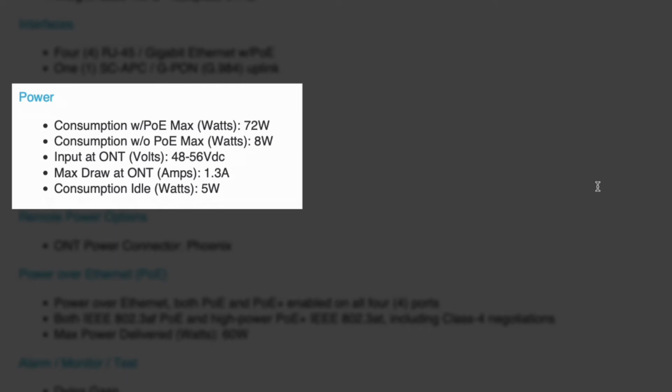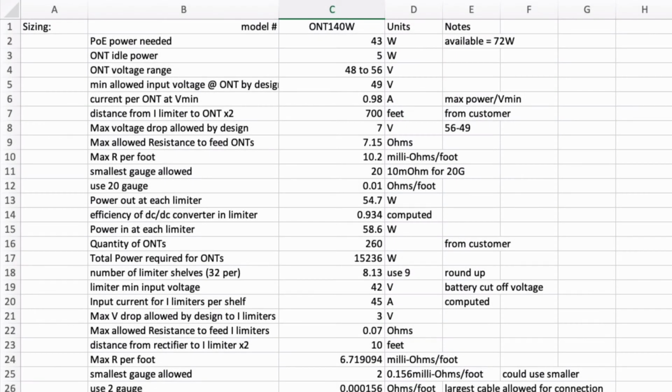The important specs for us are listed here. Note the maximum PoE output of 72 watts, the input voltage range of 48 to 56 volt DC, and the idle power of 5 watts. I'll transfer these numbers to my spreadsheet. The customer told us the maximum PoE power used will be 43 watts, below the maximum available of 72 watts, so we know the ONT can supply the load.